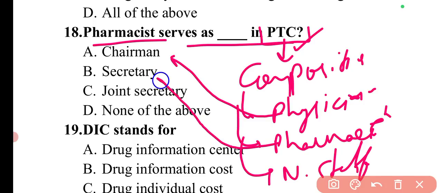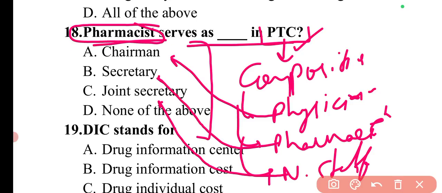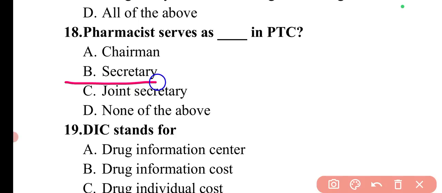Pharmacists hold the post of secretary, and the nursing staff hold the post of representative joint secretary. So this is the basic composition of PTC, who serves what. As this is the pharmacist exam, mostly the question will be asked for pharmacists. So remember, the pharmacist serves as secretary. Option B is correct, and you also need to know who is what.